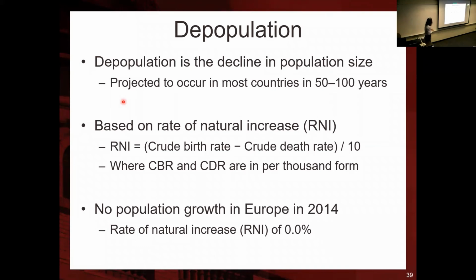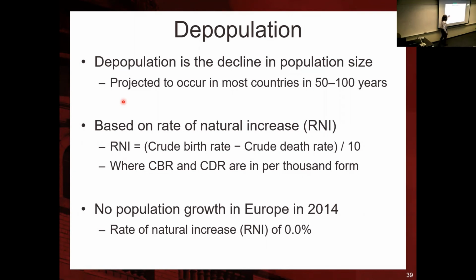One simple way to measure depopulation is with the rate of natural increase. Remember, in the first lecture of this semester, I mentioned natural increase. I remember that graph that shows the decline in mortality followed afterwards by declines in fertility. The difference between birth rates and death rates is called natural increase.